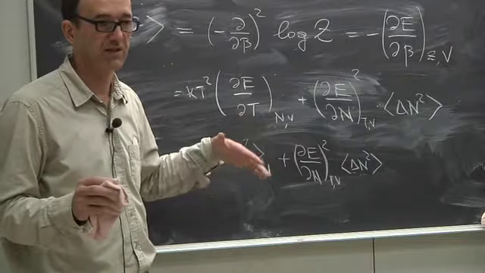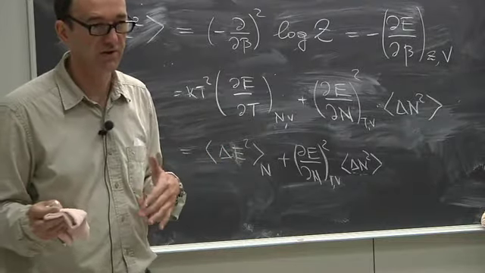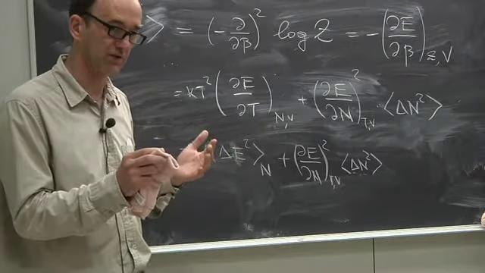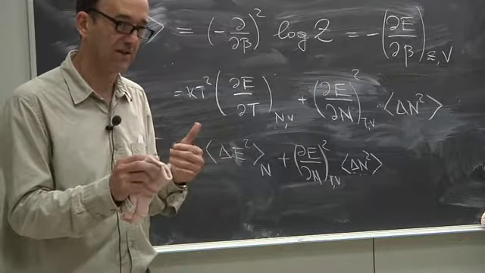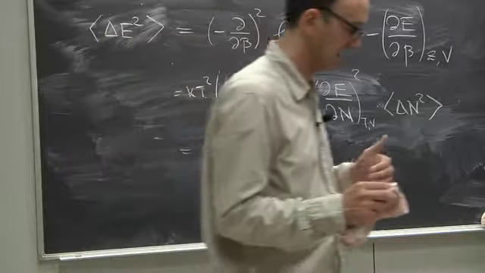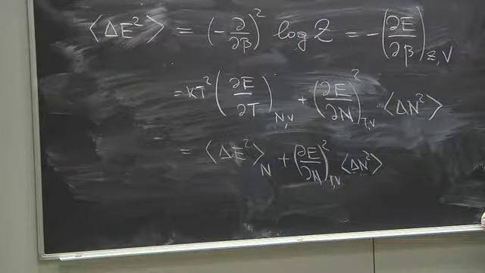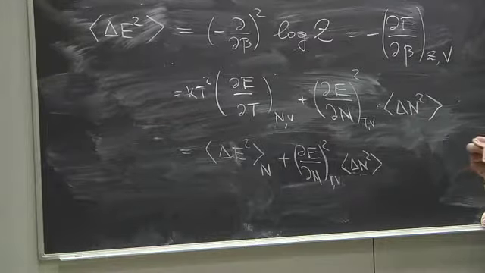This is the same reason why the specific heat at constant pressure is larger than the specific heat at constant volume. Because when you heat a system at constant pressure, it will also change the volume. So there is a work which the system will do, and that is also to be taken into account in the change of energy, right? So if the volume is fixed, it will not do work.